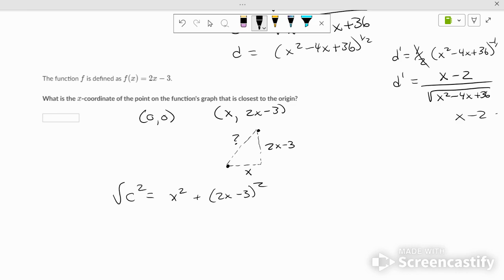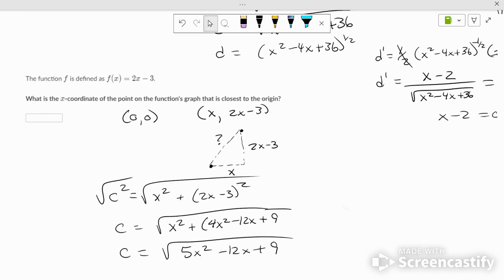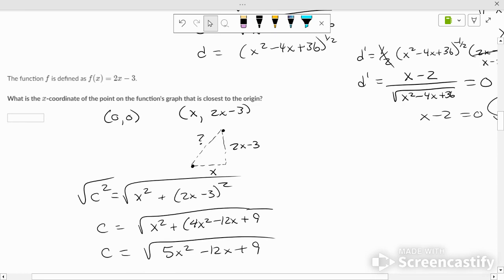Okay. Then if we take the square root of each side, this squared is 4x squared minus 12x plus 9. Or 5x squared minus 12x plus 9. Now we need to take the first derivative of this.